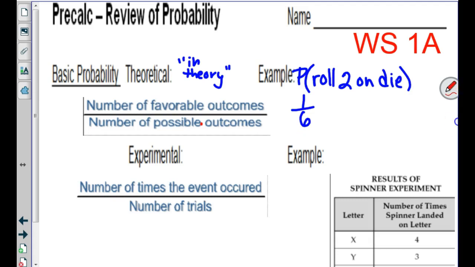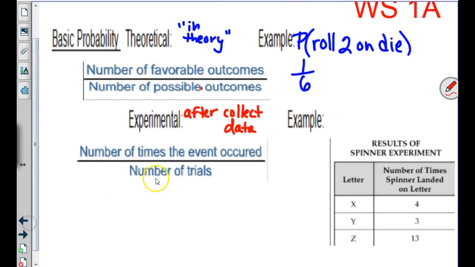Experimental probability is the probability after you have done an experiment. For example, over here, it says the number of times an event occurred over the number of trials.